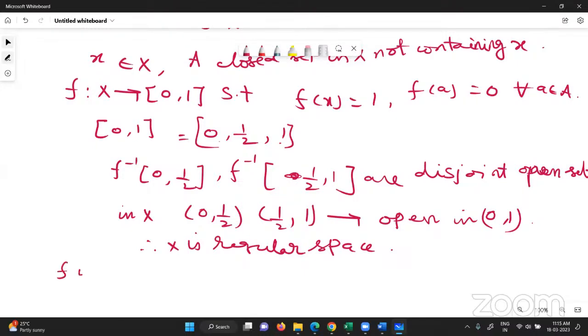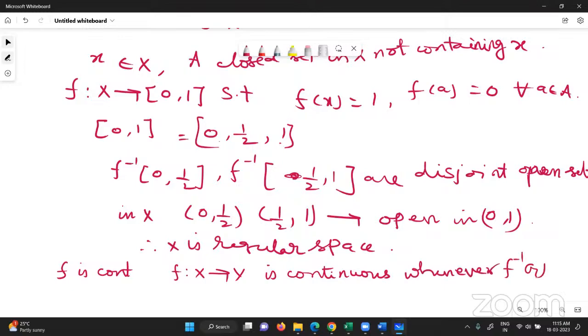Now one theorem is there: f from X to Y is continuous whenever f inverse of G is open in X for G open in Y. For any open set G in Y, f inverse of G is open.